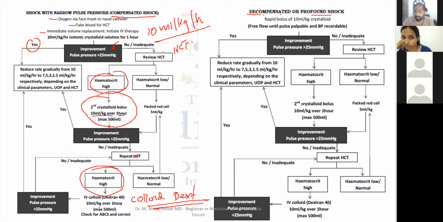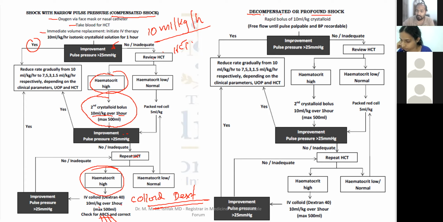Meanwhile, while you are resuscitating, always check for ABCS. Acidosis, bleeding, calcium, sugar. The patient might be acidotic. The patient might be bleeding. The patient might be hypocalcemic.